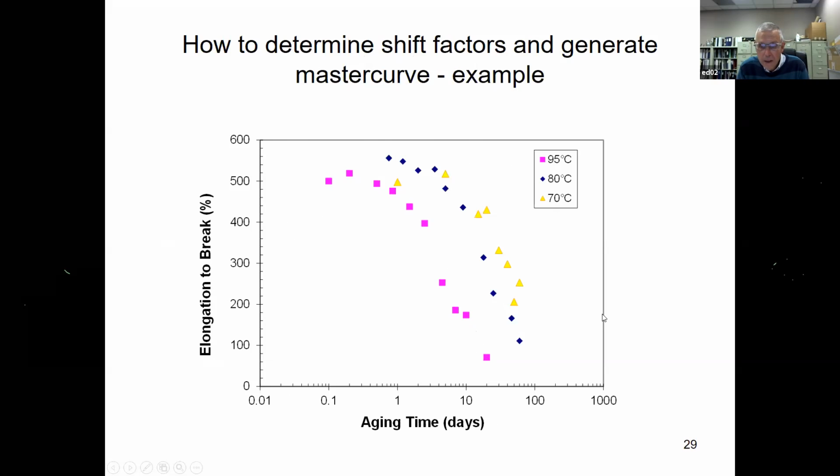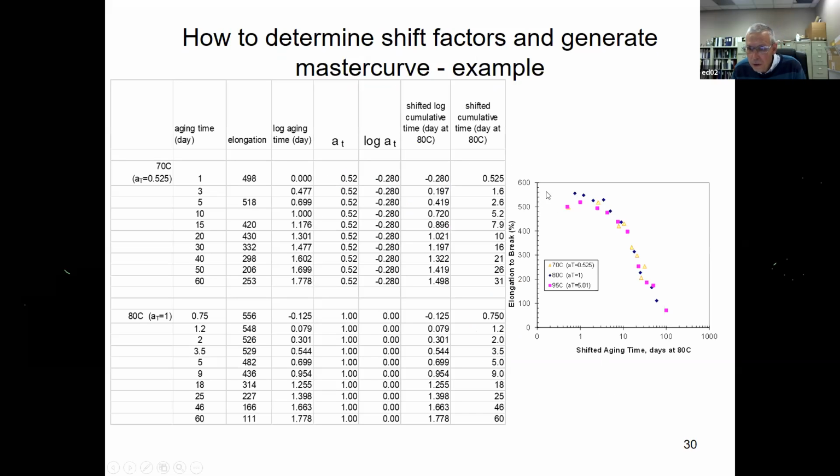And so you want to generate these shift factors, and you want to obtain master curves. So here, the 70, 80, 95 degrees has all been shifted to 80 degrees. So here is the 80 degree data down here, and the shift factor is 1. So there was no shifting.